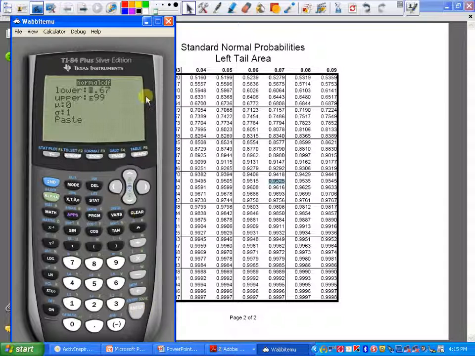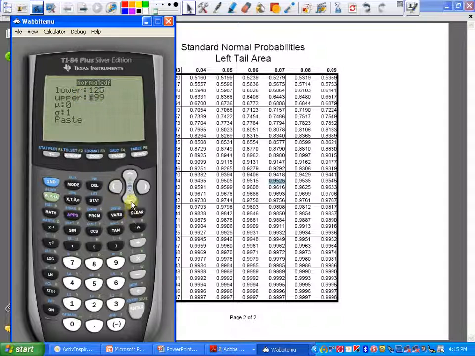Our lower score, we want 125 or greater, so let's call that 125. Now we're working with IQ scores, not z-scores. Upper bound is still infinity, basically. We can't have an IQ score of infinity, but this will take care of all of that right tail.